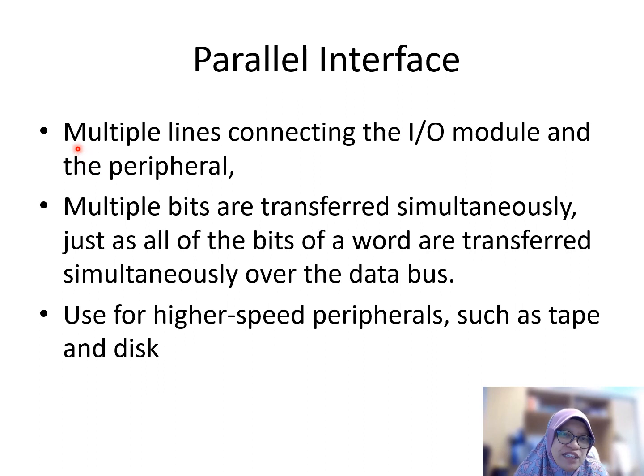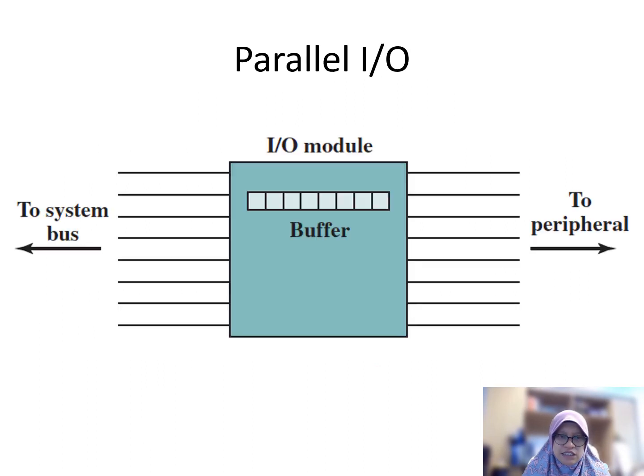In a parallel interface, there are multiple lines connecting the I/O module and the peripheral, and multiple bits are transferred simultaneously, just as all of the bits of a word are transferred simultaneously over the data bus. Parallel interfaces have traditionally been used for higher speed peripherals such as tape and disk.